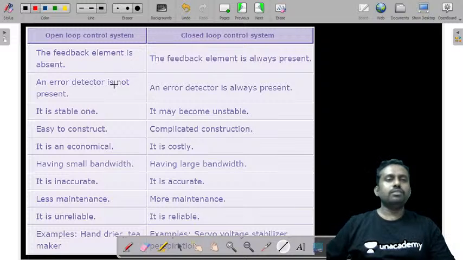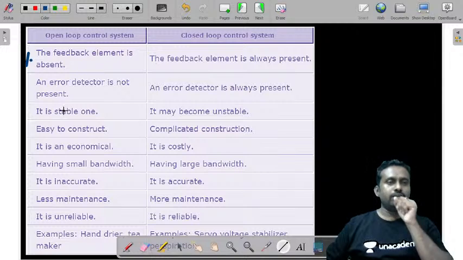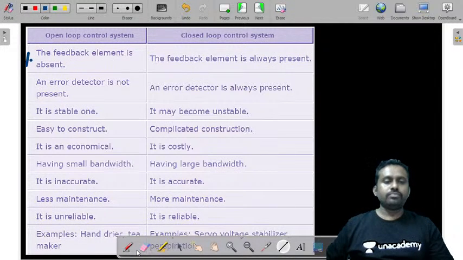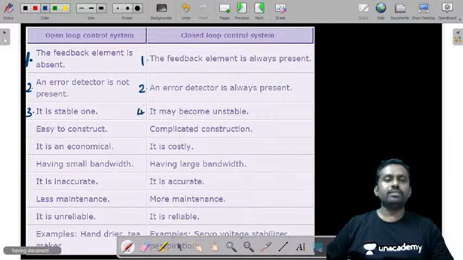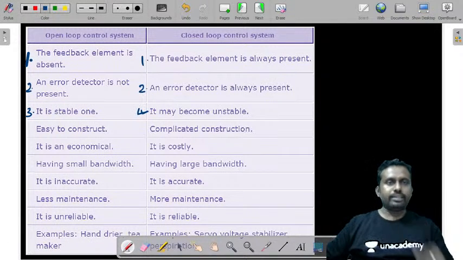The first one: the feedback element is absent in open loop, and the feedback element is always present in closed loop. Second, the error detector is not present in open loop, and the error detector is always present in a closed loop system. An open loop system is a stable one, and a closed loop system can be unstable.